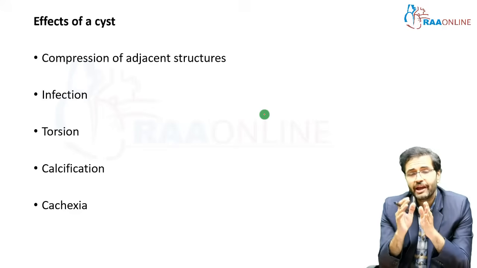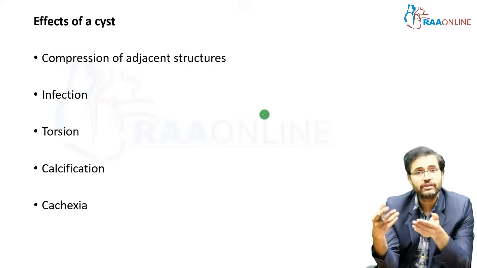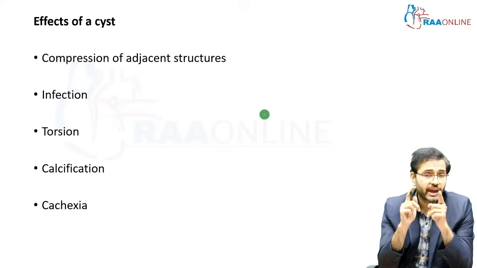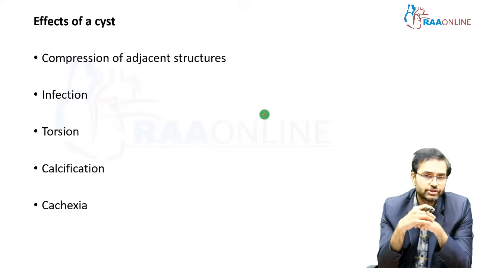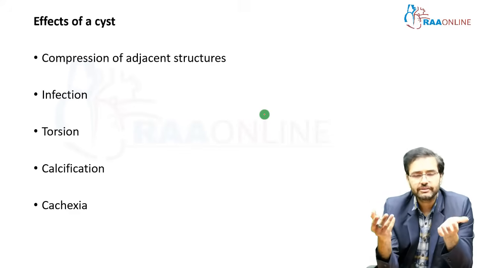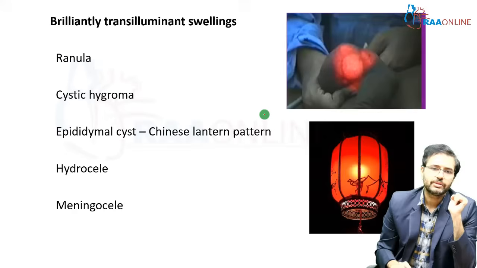Sometimes a cyst can have hemorrhagic areas, which are more prone to dystrophic calcification. Cachexia can occur with a cystic lesion if the cyst is malignant in nature, commonly ovarian malignant tumors, testicular malignancies, or retroperitoneal cystic malignancies, etc.